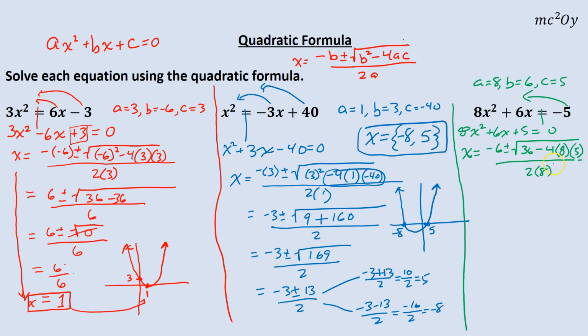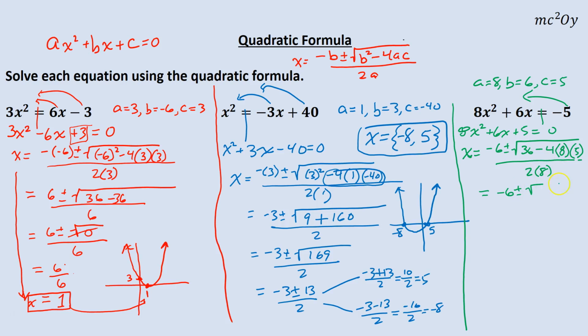So notice I just put in -6 because that was +6, and I squared the -6 to give me +36. This part is always going to be positive, and it's easy to just write in what the opposite of that number is. Okay, and so we get -6 plus minus.